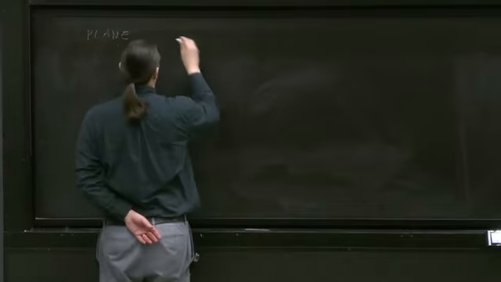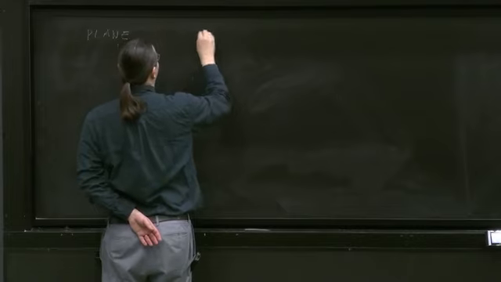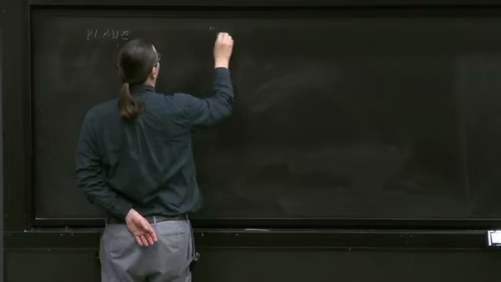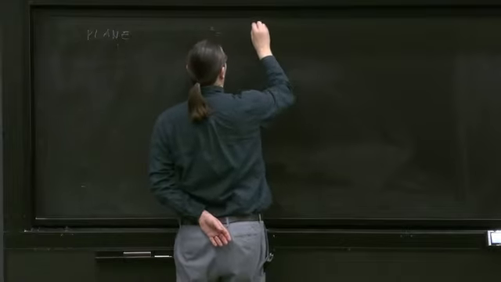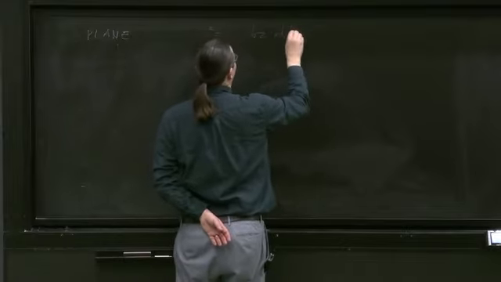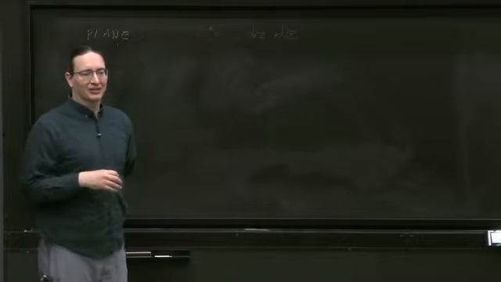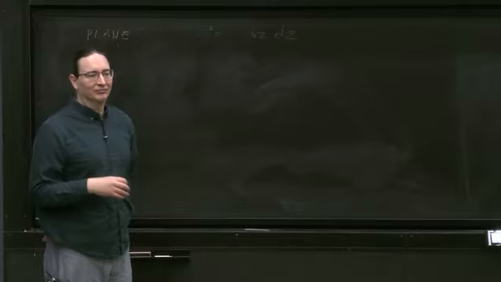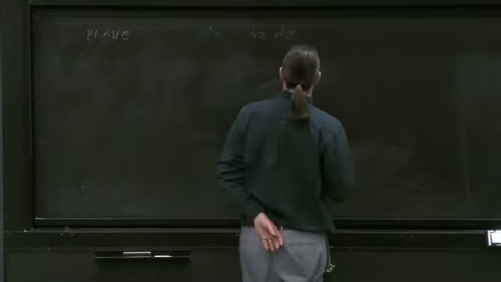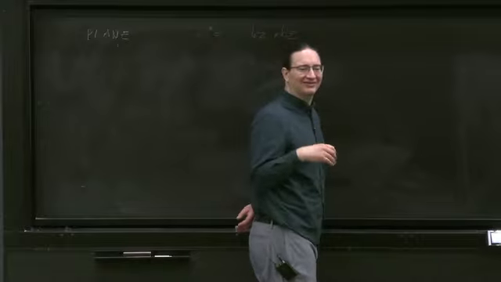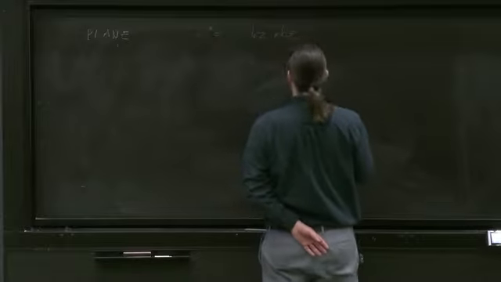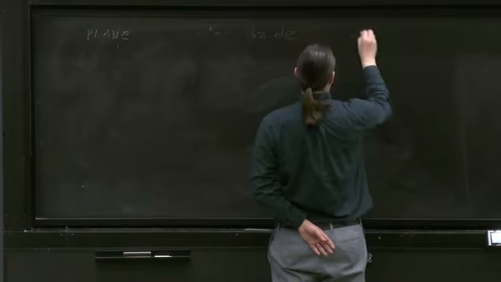The plane has a metric which in complex coordinates is dz d z bar. Is this a familiar statement? I probably forgot a factor of 2 pi i. Then don't be concerned with that. I'm going to do a Weyl transformation.